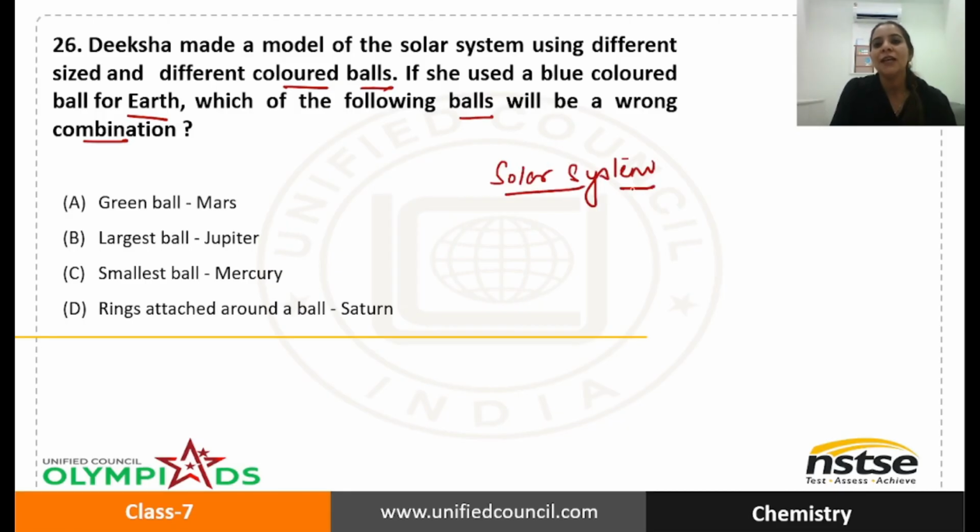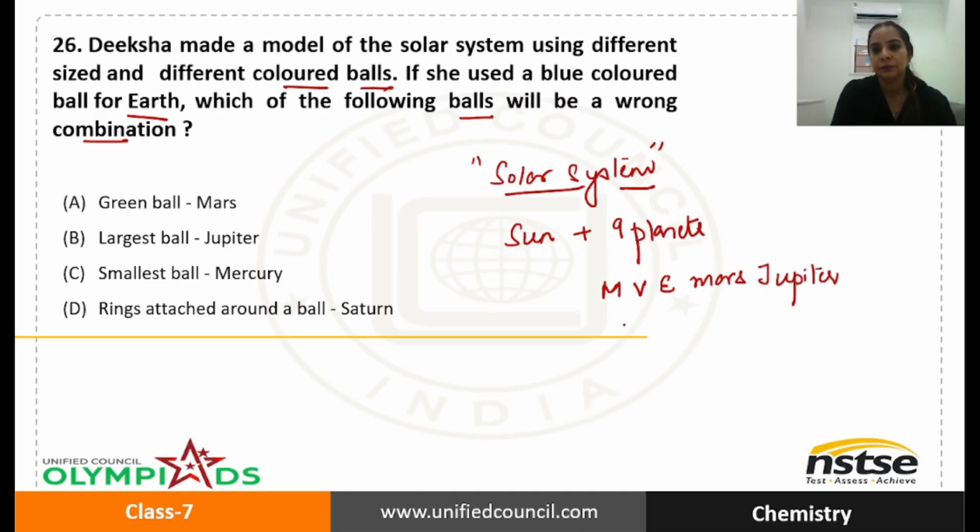So basically, what is solar system? Solar system comprises of sun, and along with that we have the planets revolving around it, and we have got 9 planets, and those planets are Mercury, Venus, Earth, then you have Mars, Jupiter, Saturn, Uranus and Pluto.